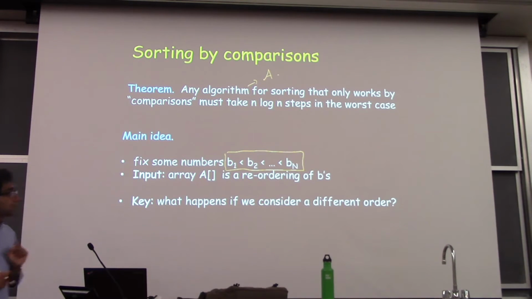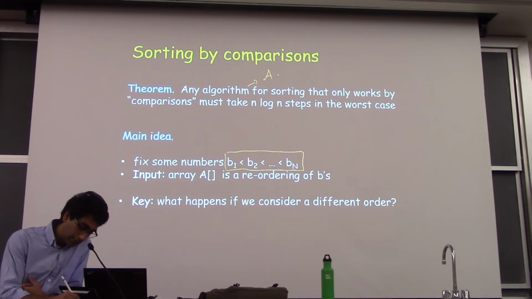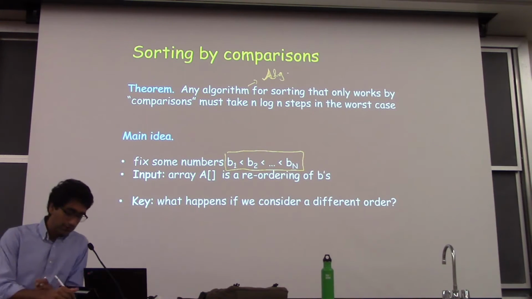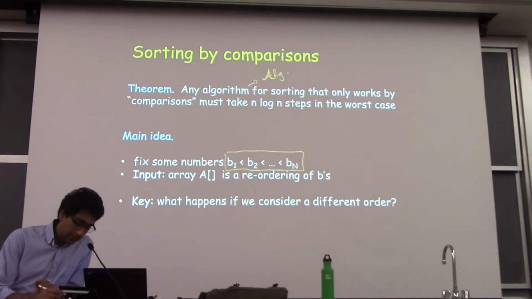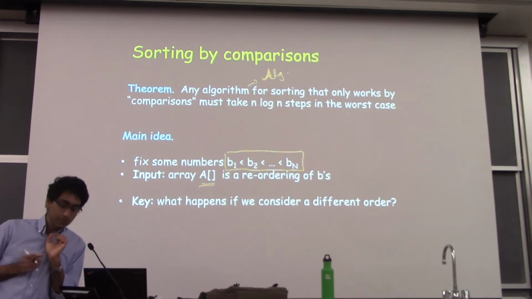Now suppose I give this algorithm, which I'll write as ALG just so that my two A's won't be confusing, as input this array A.